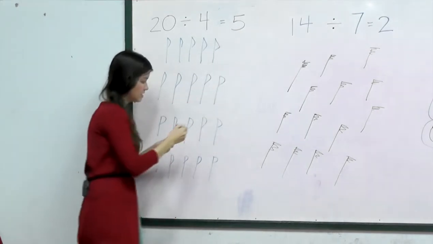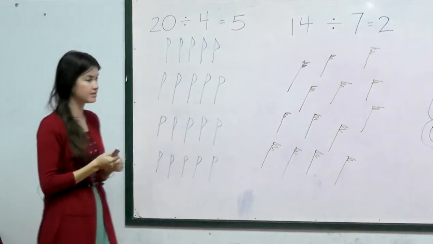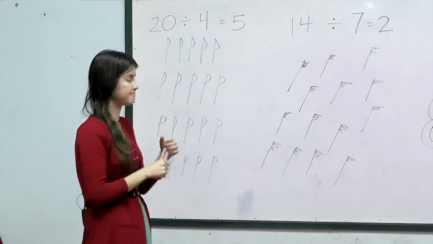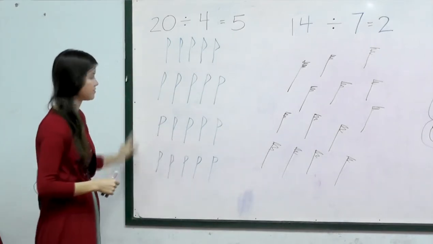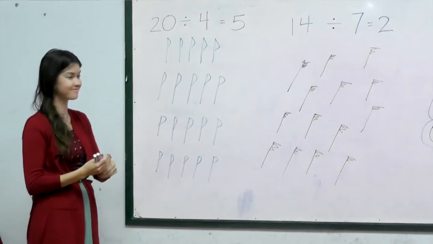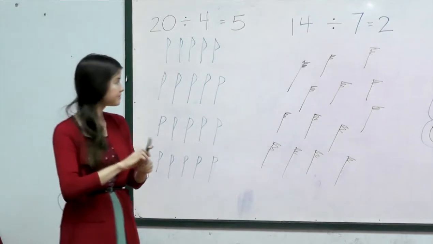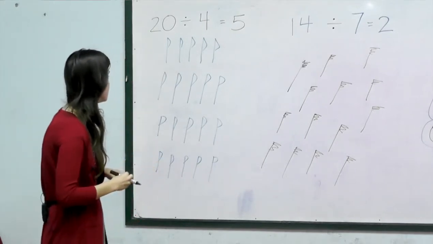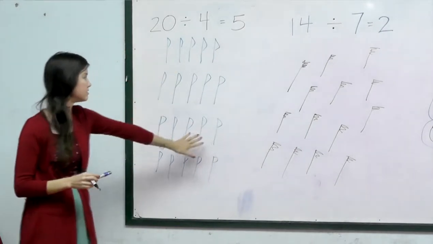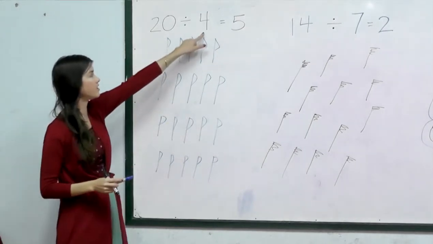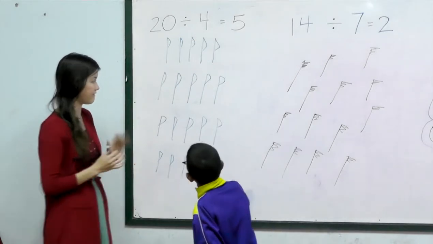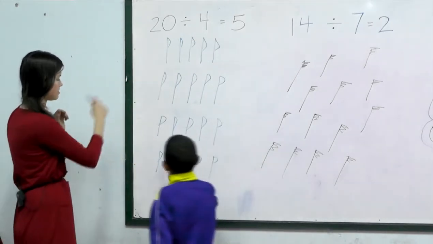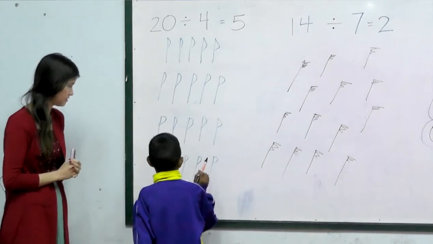Good job. Do you want to show that for us, Pot? Can you come up and show us? Make groups for us with the knives? We have 20 knives. Pot's going to make 4 groups for us. Every group is going to have 5 knives. So make some circles for us.